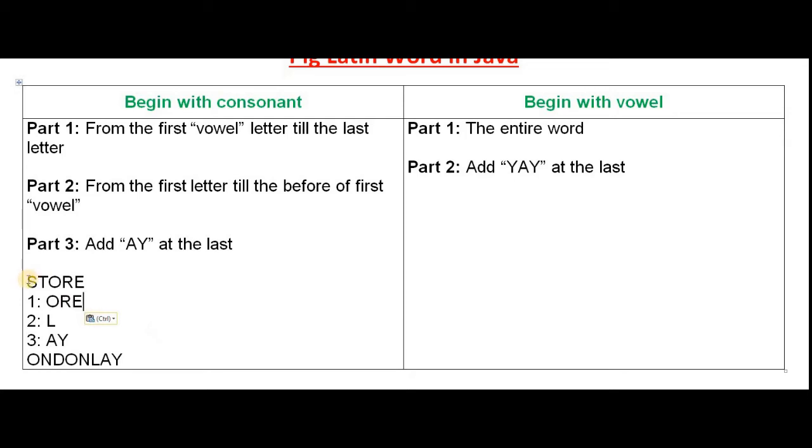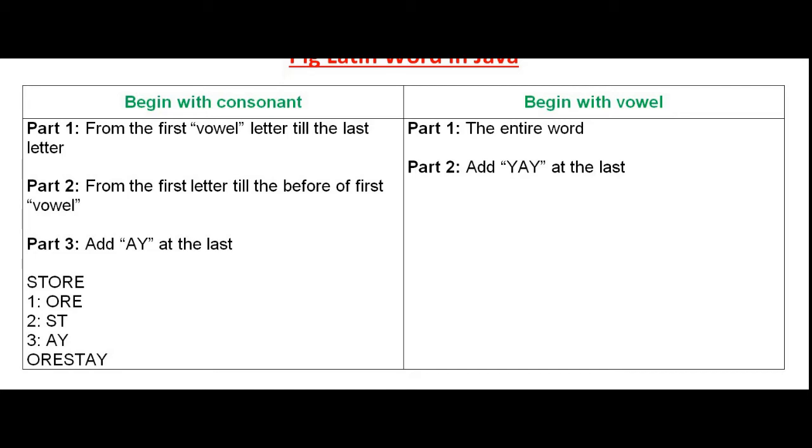Second part is from the beginning, the first letter S, to before the first vowel O, so before it is T. So from S to T we will take and store as the second part, and the last part is compulsory ay. So after adding all this, the value coming is ORE first part plus ST second part, and the last part ay. Okay, so this is the story for any particular word which begins with a consonant.